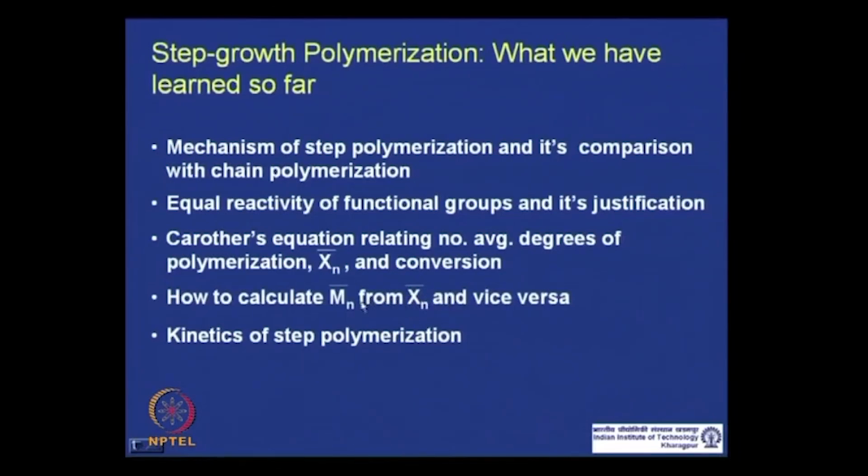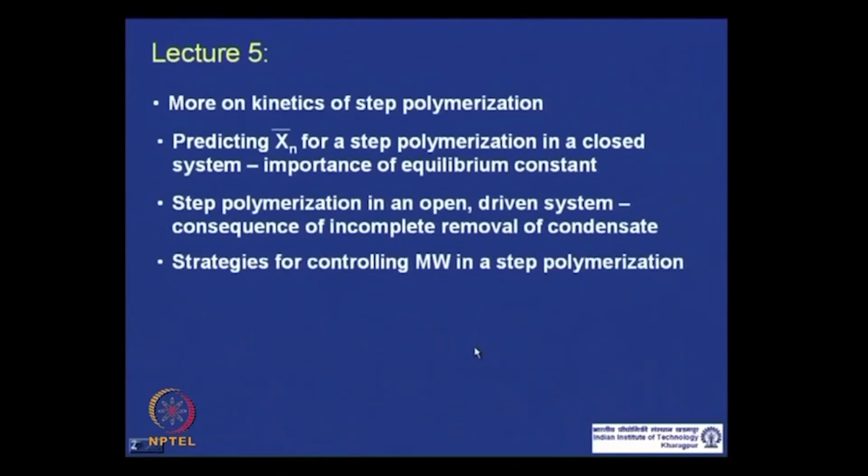I gave more time to this because, as I said, sometimes there is confusion among students on how to get Mn from Xn. It is actually Mn is Xn multiplied by the average molecular weight of the structural unit, not the repeat unit.